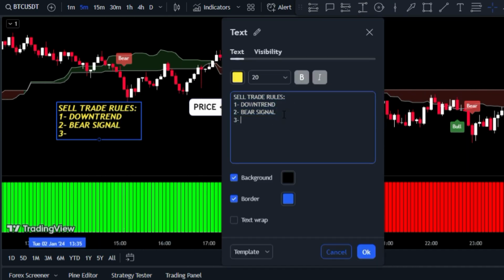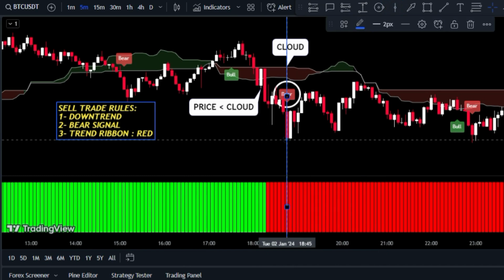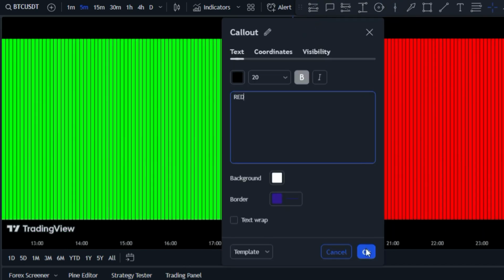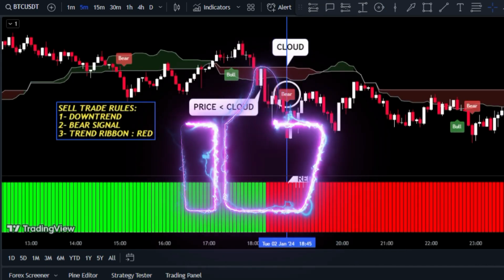After that, cross-verify with the second indicator. If it concurs with the Ichimoku Cloud, you're all set to enter the trade.